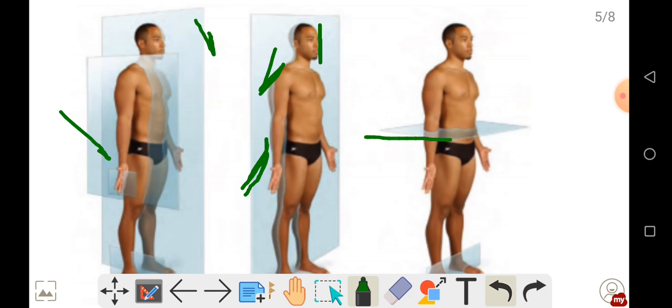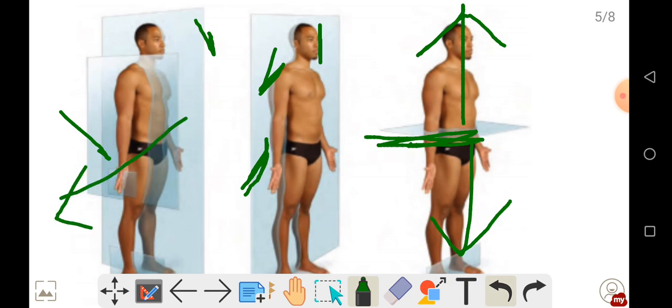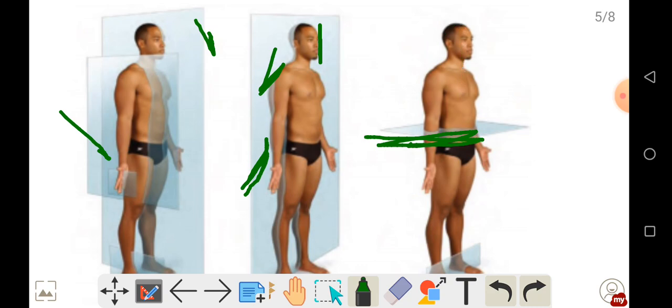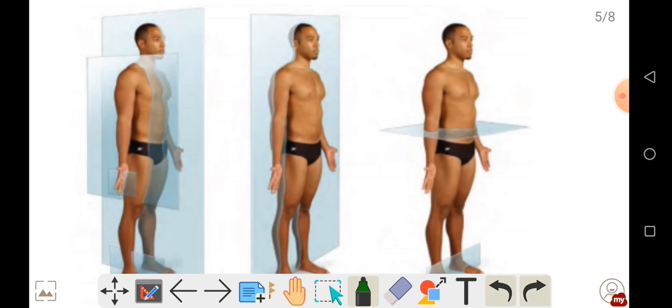Then this is the transverse plane, which divides the body into the superior part and the inferior part. Then here it divides the body into left and right parts. So these are the diagrams that will help us to understand these planes.